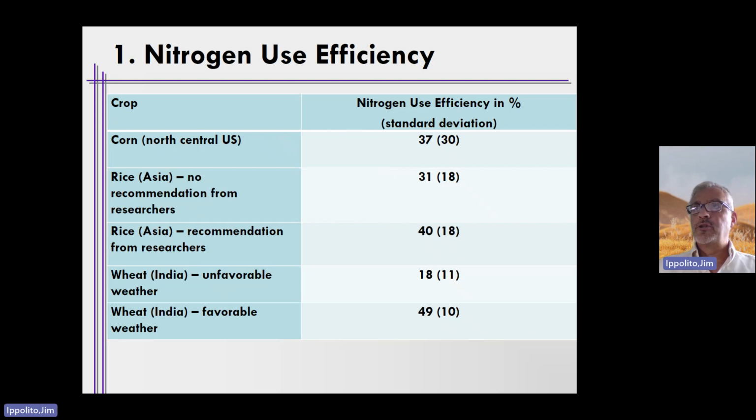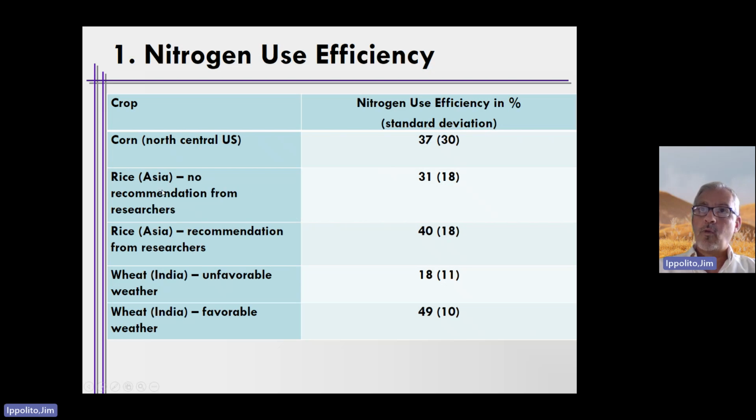This slide shows you the nitrogen use efficiency for various crops in different places across the globe. So for example, corn in the north central US has a nitrogen use efficiency of roughly 37%, but the standard deviation is plus or minus 30. So we're talking about 67%, quite a range.